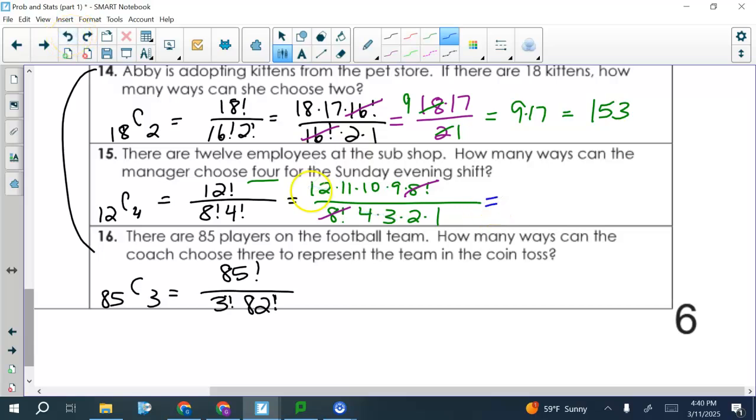I'm guessing you guys will just multiply the tops, 12 times 11 times 10 times 9, and either write it down or keep it in your calculator. 11,880. And then divide by parentheses 4 times 3 times 2 times 1, or what's that? 24, right? Which is 495.